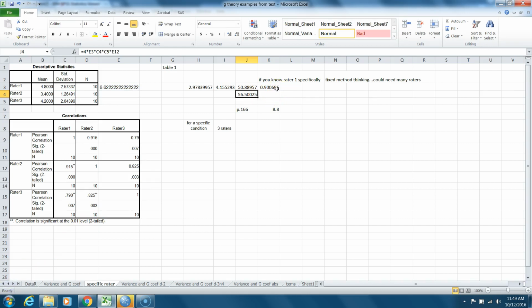We take the numerator divided by the denominator, and we get the same value we got in our textbook. We get a relatively high value here because we know a lot of things about this person individually. It's not a random person, it's a specific person. You can only do this when you know for some reason you are going to need this individual rater. But most of the time we don't have this situation.